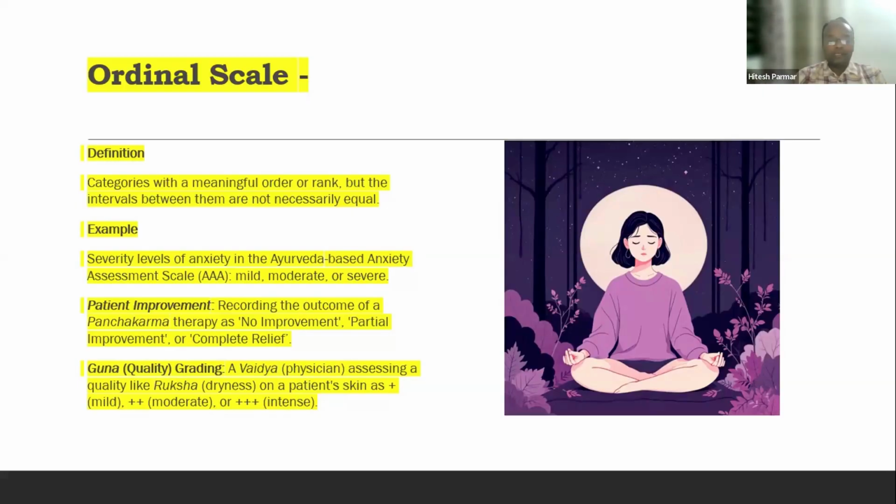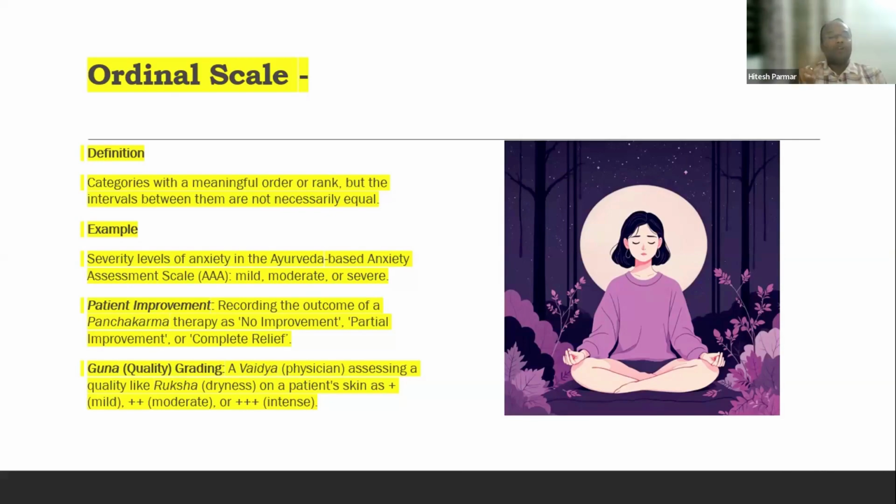What is the limitation? Can anybody comment, if you are aware of the limitations of the ordinal scale? The limitation is that the difference between two consecutive numbers is not always the same, right? We have number 1, number 2, and number 3, but the difference between 1 and 2, and 2 and 3, is not always the same.